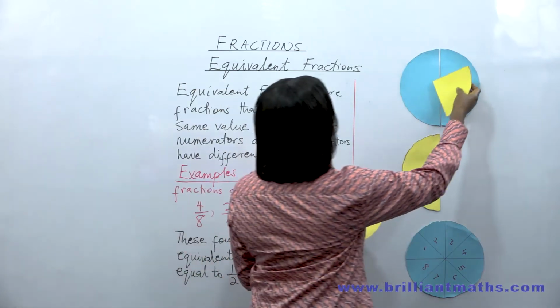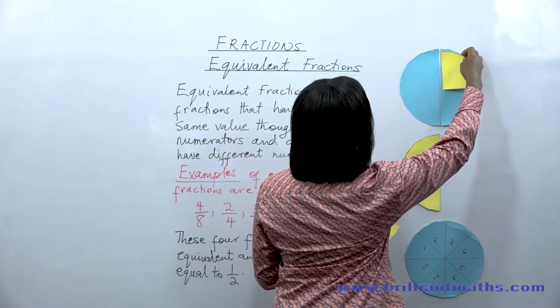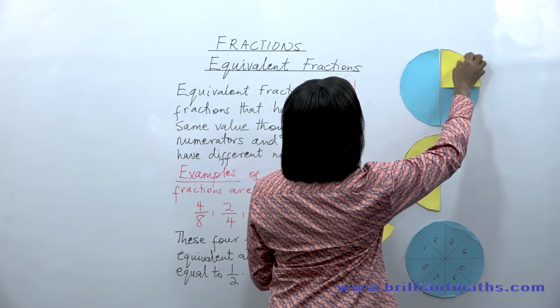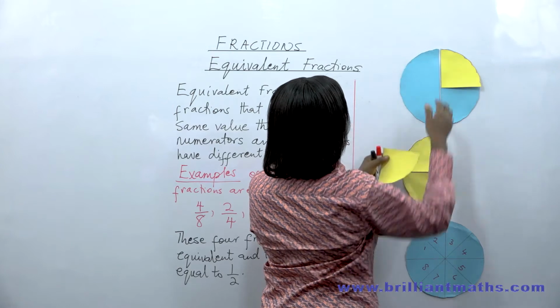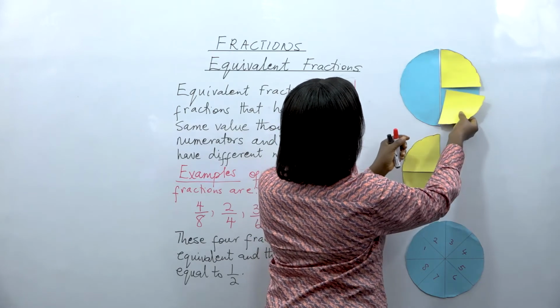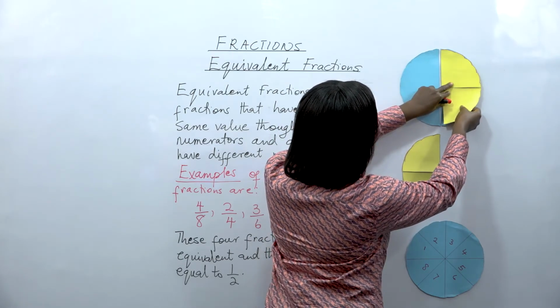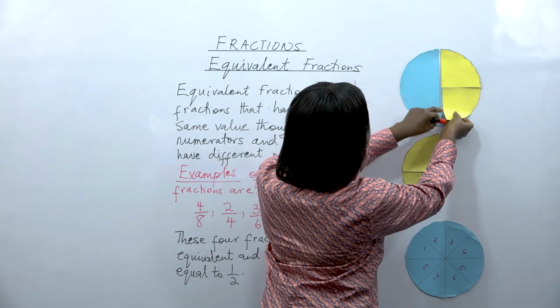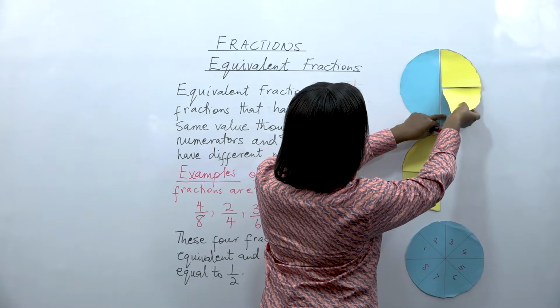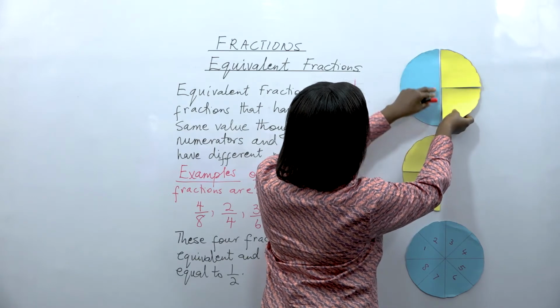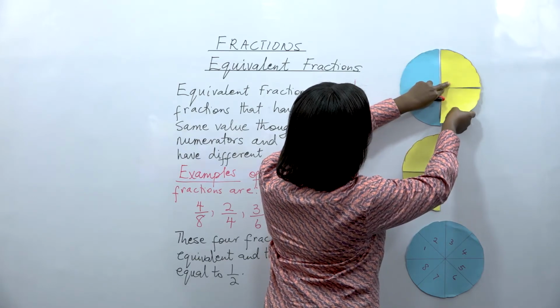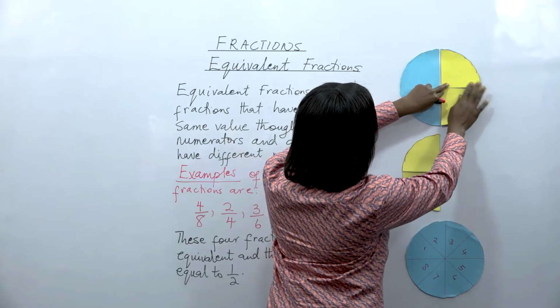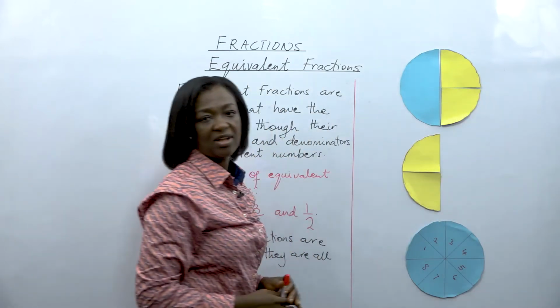So we have a half there. And let's see. As you can see, it fits perfectly. Perfect. So 2/4 make a half.